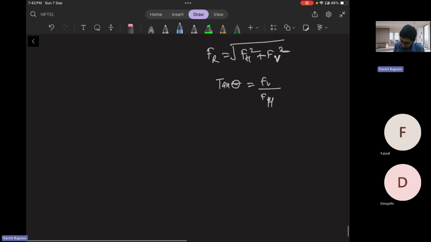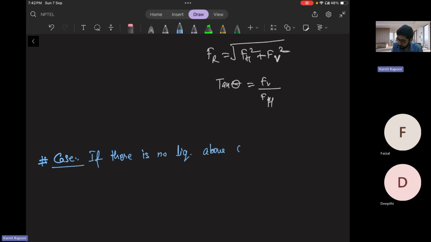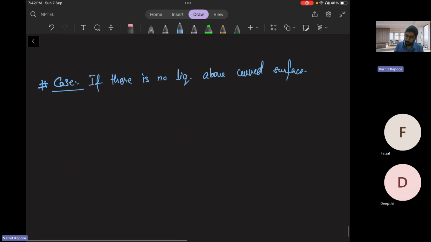In this case, if there is no liquid above the curved surface, like suppose my free surface is like this, and the surface looks something like this.